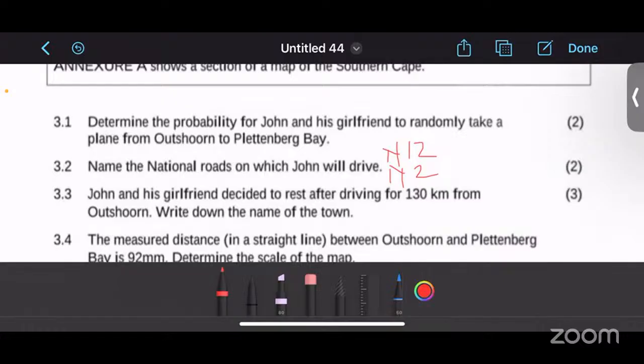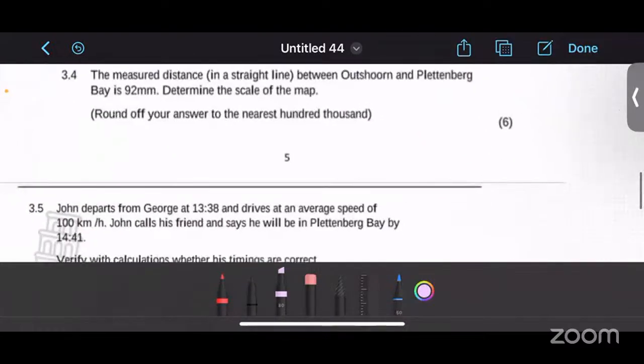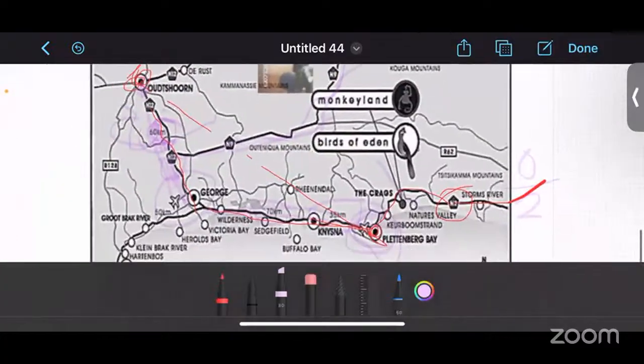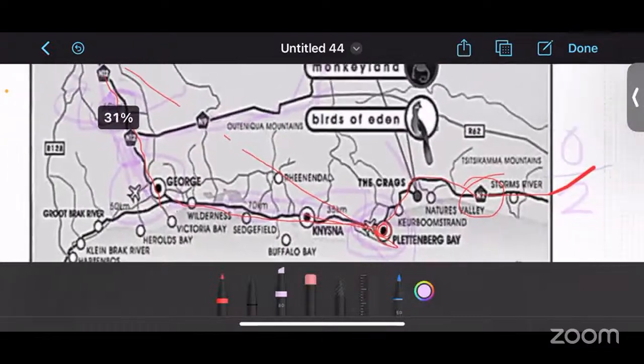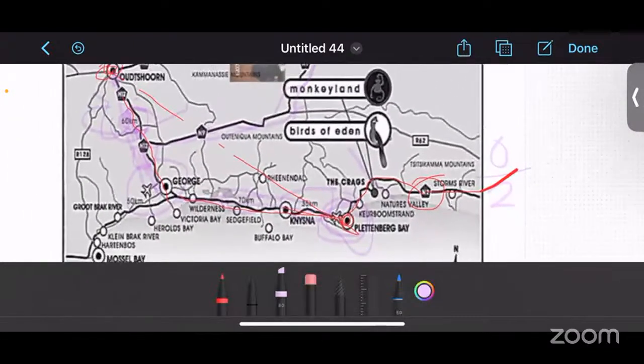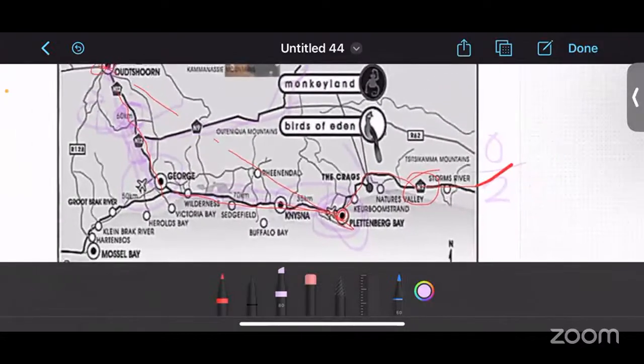Right. And let's see. They say John and his girlfriend decided to rest after 130 kilometers from Oudtshoorn. Write down the name of the town. So they decided to stop after what? After 130 kilometers. Name the town. Let's see. They decided to stop after 130 kilometers.